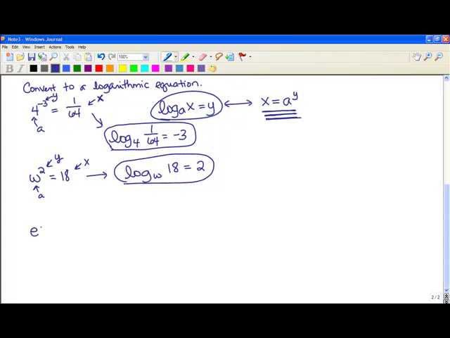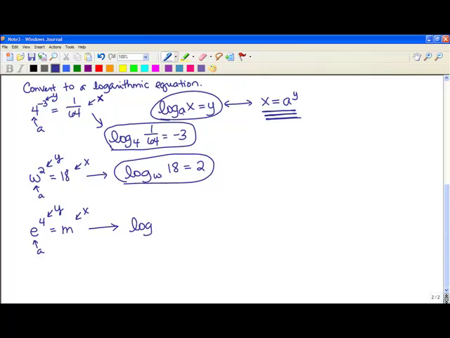And one more problem is e to the 4th power equals m. Convert to a log. a is e in this problem, y is 4, and x is m. Plug in these letters and numbers into the logarithm.